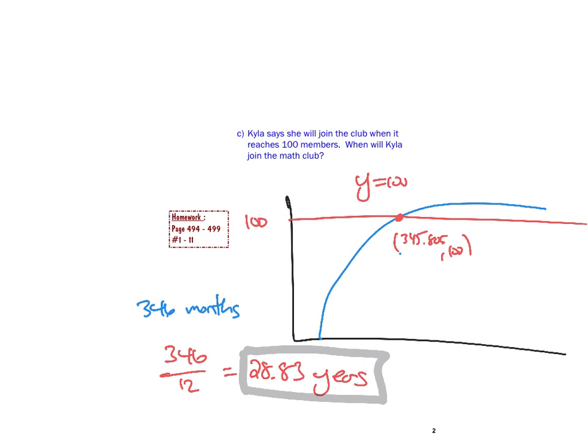So the domain or the range are things that we have to think about when we ask, does it make sense? For example, does it make sense that the range would go from 0 to infinity here? And the answer is probably not. Technically yes, but we can say that there's a limitation because we expect that at some point everybody that wants to join the math club is already going to have joined.